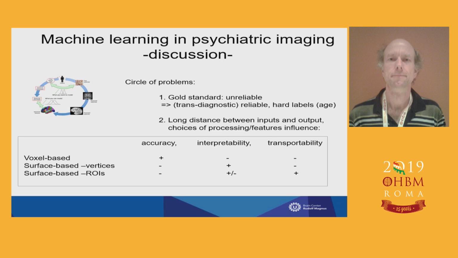It deals with features that are in millimeters. So cortical thickness, for instance, is 3 millimeters, and the variation is 0.1 millimeter, for instance. So you can really talk about neuroscientific measures there. And the easiest to handle model is, of course, the ROI-based, the atlas-based model, which was not the most accurate one, but it's very interpretable and, of course, also very transportable.